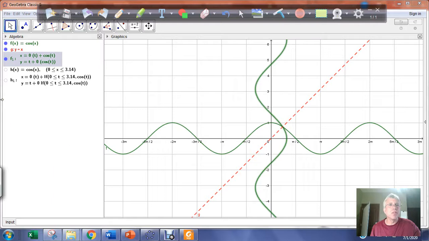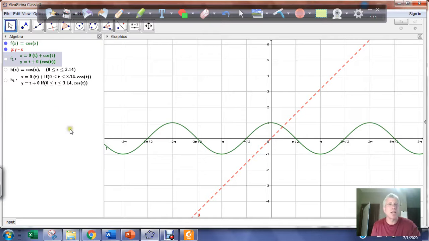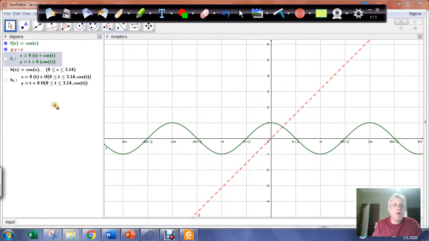So we want to deal with that the same way that we dealt with the issue with the sine function. Let's pause for just a second and write down what we know about the cosine function. We know that the cosine function plots the x coordinates on the unit circle.